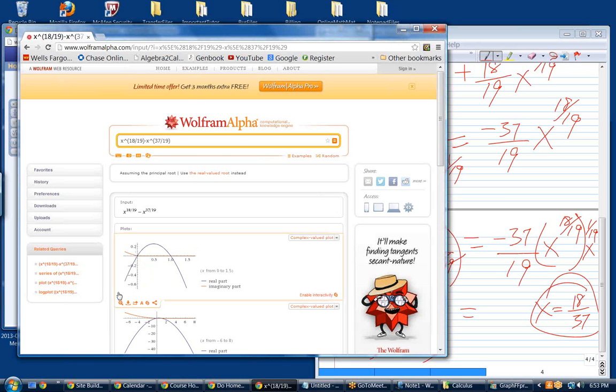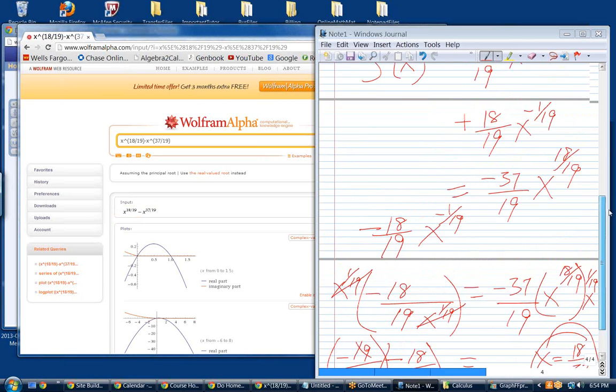According to this, it can be. In other words, blue represents the real part, and the imaginary part is this color orange here. But according to this, the original function is increasing from negative infinity to this value right there, which is 18/37. And then it's decreasing from that down. Remember, this is the original function, not the derivative of the function.